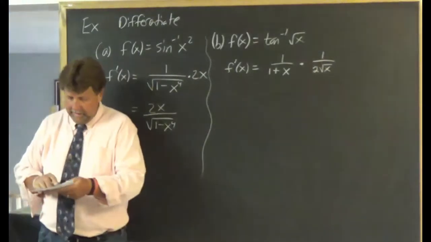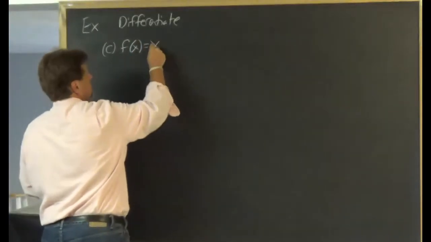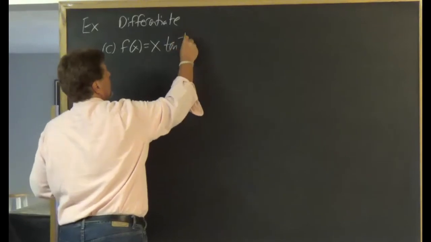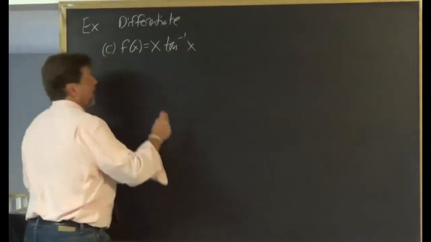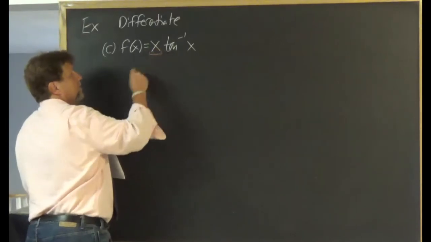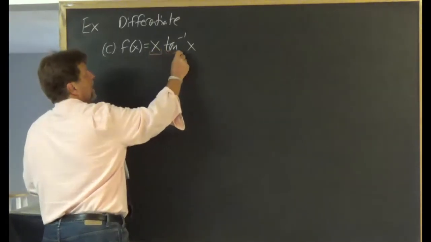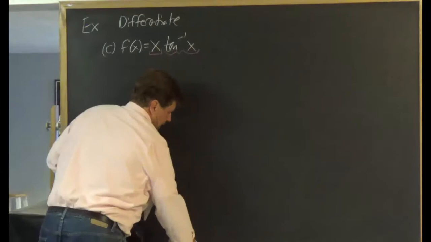Oh, there was a C and a D. F of x equals x inverse tangent x. Well, folks, here we get to use the product rule. You have the function x times the function inverse tangent x.